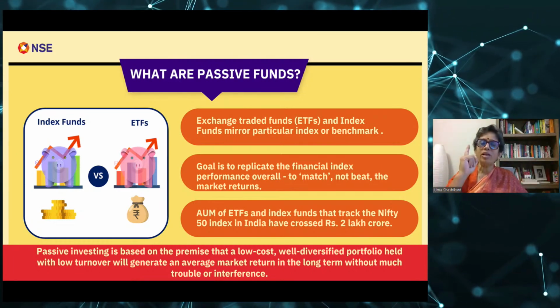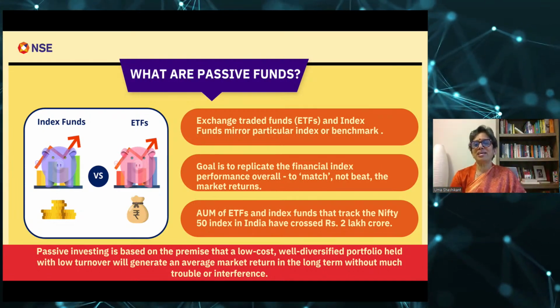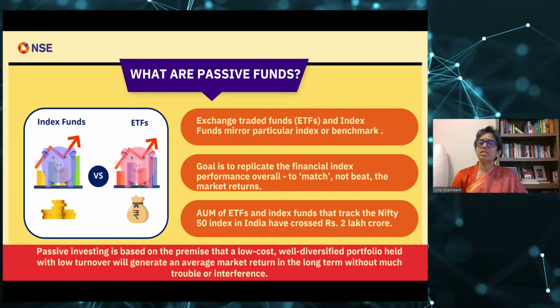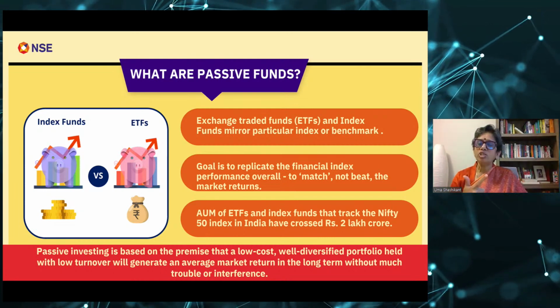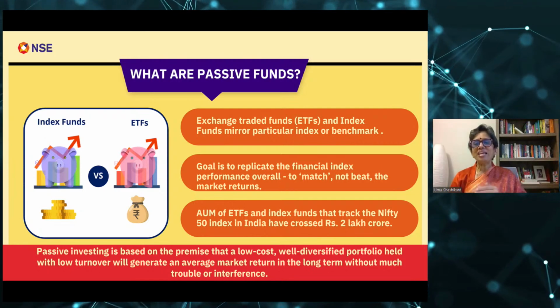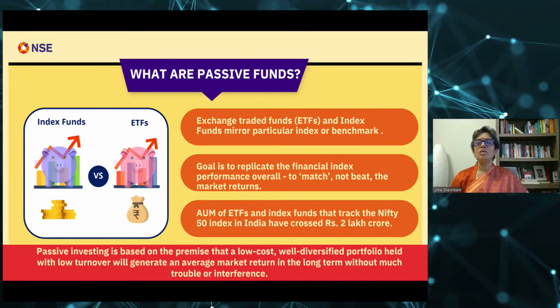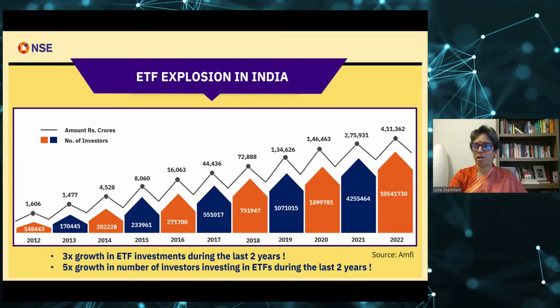So you buy one product and you get exposure to all of the shares in the index. That is what passive investing means. You don't make an active call on where to invest, how much to invest, when to turn. Every time the index is revised, your ETF will get automatically revised. So it's an easy, simple, low-cost way to invest in the market.